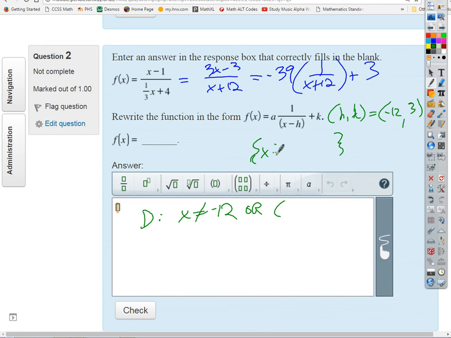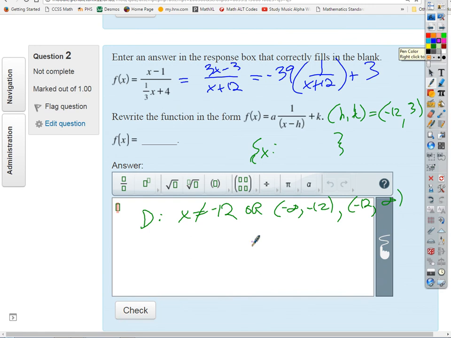So to write it as an inequality, you'd say x is less than negative 12 and x is greater than negative 12. If we write it using interval notation, there's one interval where x is less than negative 12, or x is greater than negative 12.